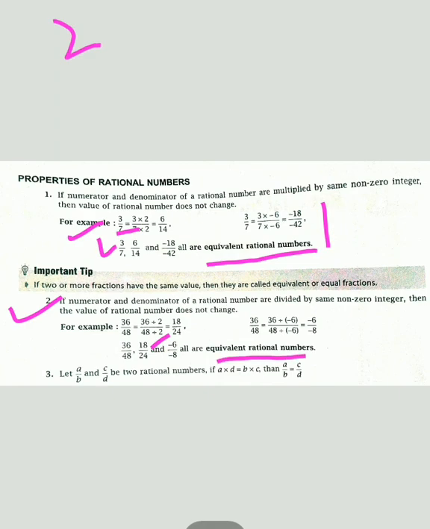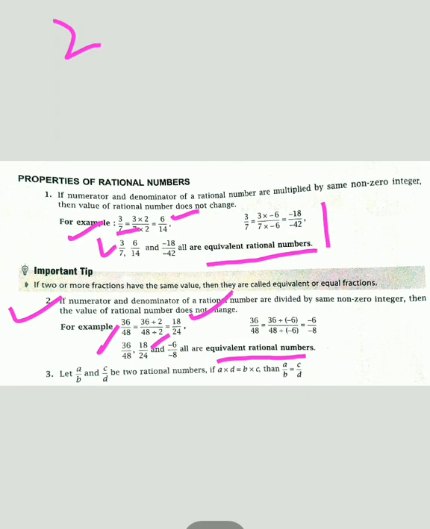Division is used to change the number into lowest form, from bigger number to smaller number, and multiplication is used to make a number from smaller to bigger. 3 upon 7 converts into 6 upon 14, while 36 upon 48 will convert into 18 upon 24, like that.